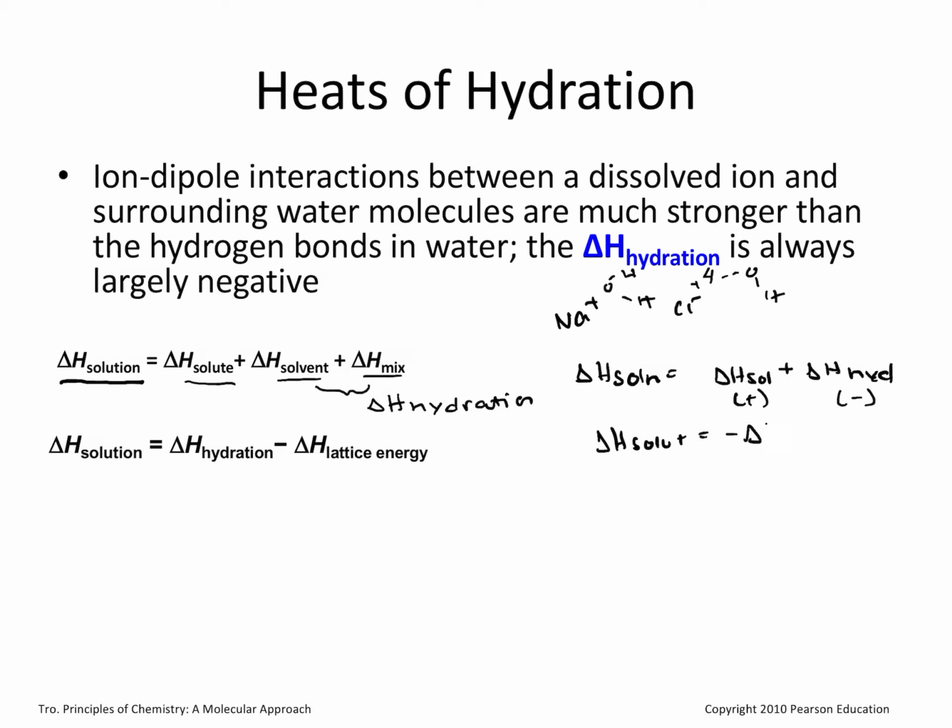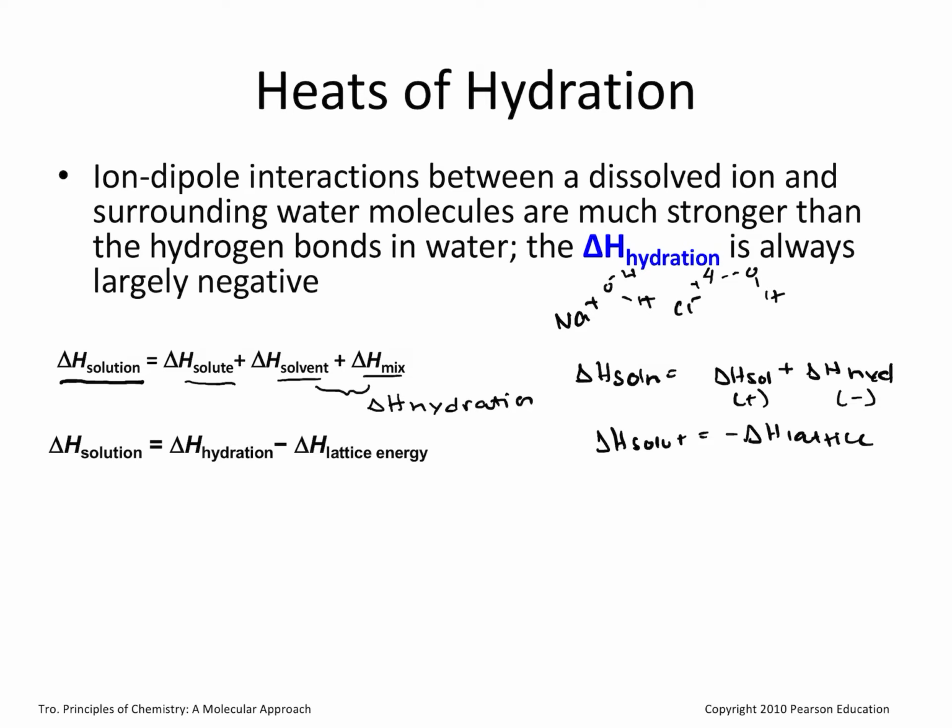So technically, the heat of the solute is actually the negative solute's lattice energy. Since lattice energy is the amount of energy that's needed to take the particles together to form a crystal, or they needed to break them apart. So it's another way of defining our heat of our solute specifically for an ionic salt.